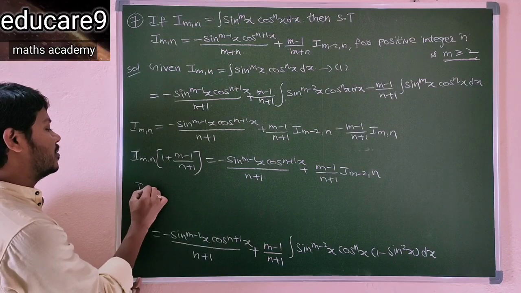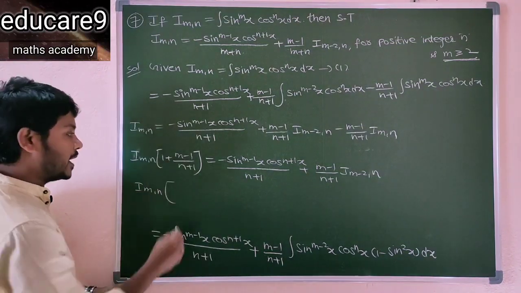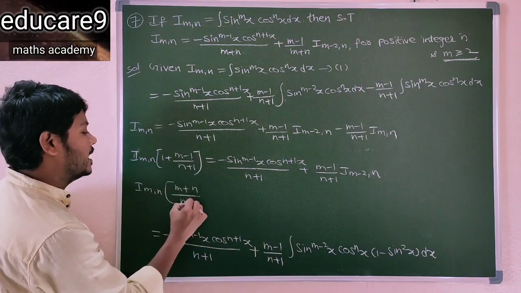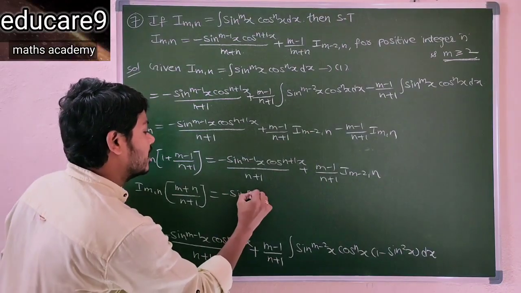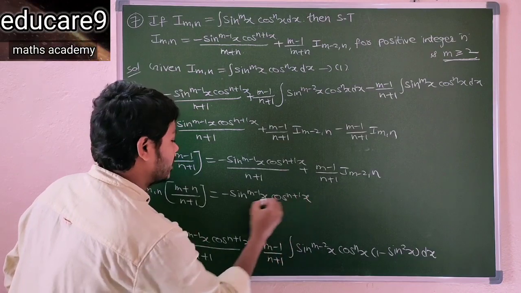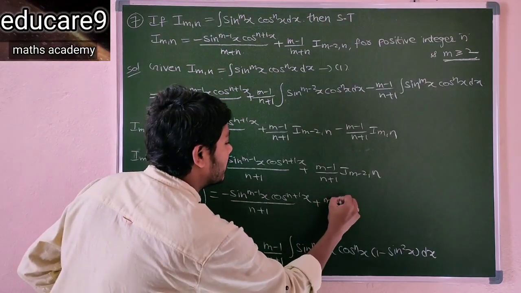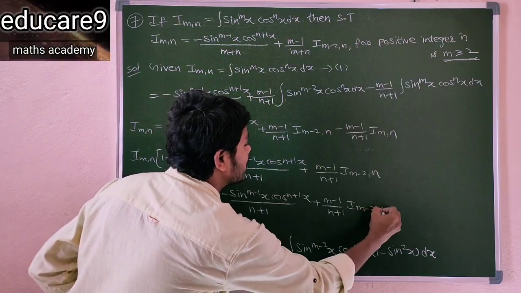Now this is I(m,n) times n plus 1 plus m minus 1, that is m plus n by n plus 1, is equal to minus sin^(m-1) x cos^(n+1) x divided by n plus 1, plus m minus 1 by n plus 1 I(m-2,n).